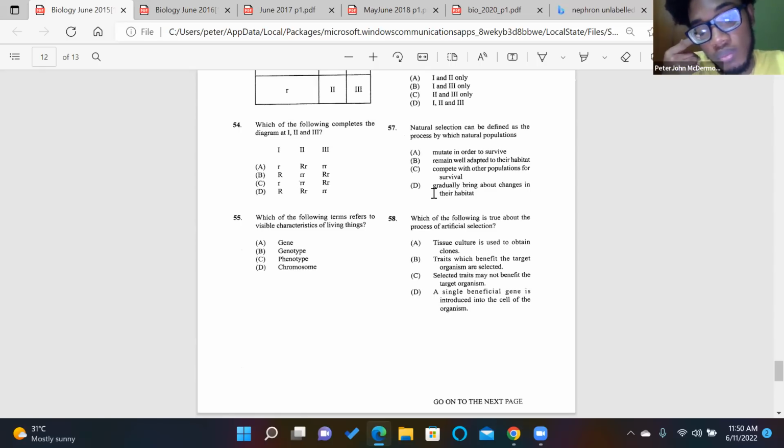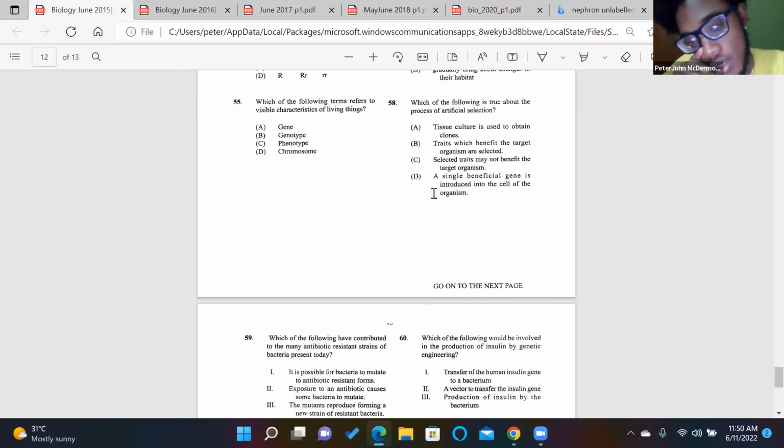Mutate in order to survive. Natural selection, typically, doesn't involve mutation. Yes, it's B. It's just picking favorable characteristics. So yeah, the answer is B. Which of the following is true about the process of artificial selection?